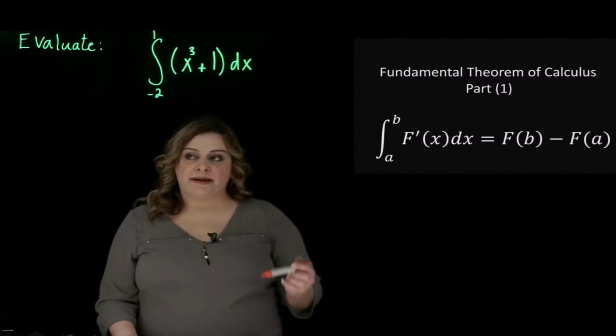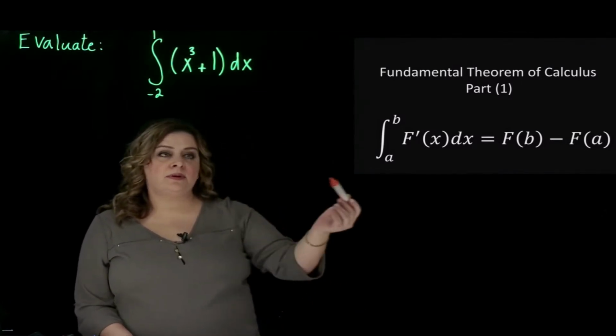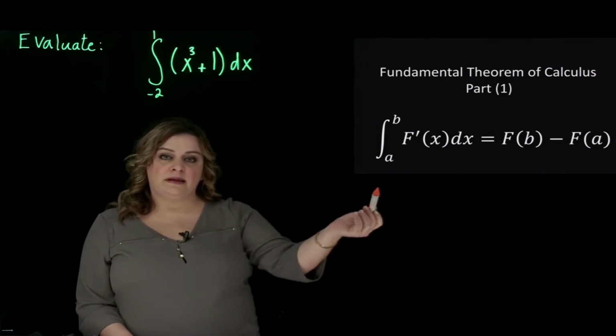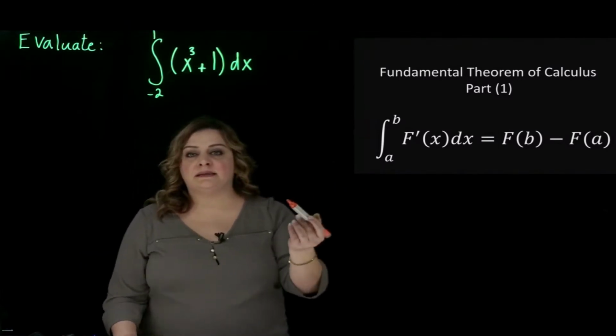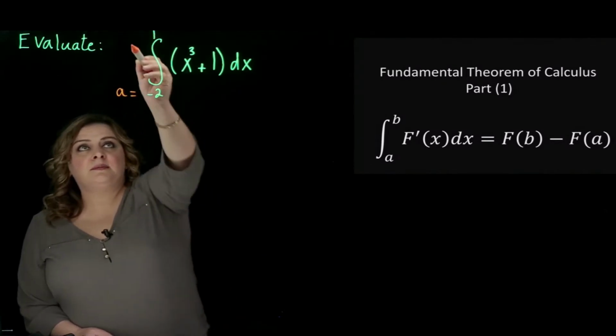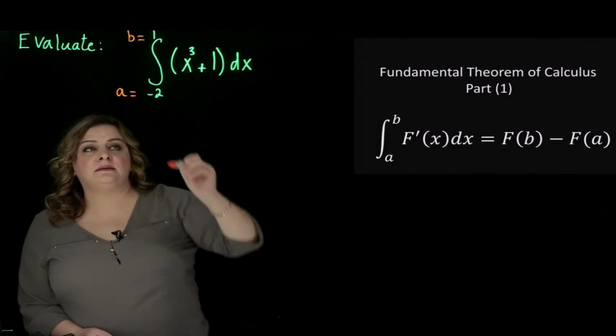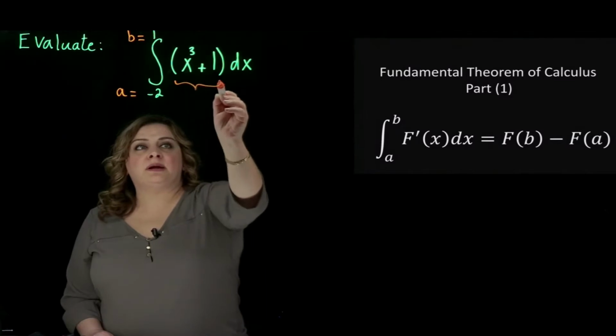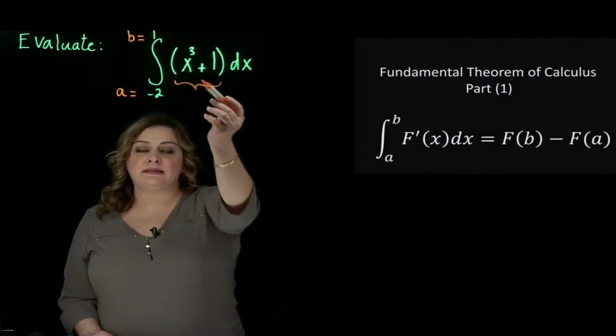We compare our example with the left side of the equation. We see that a is -2, b equals 1, and big F prime of x is x cubed plus 1.